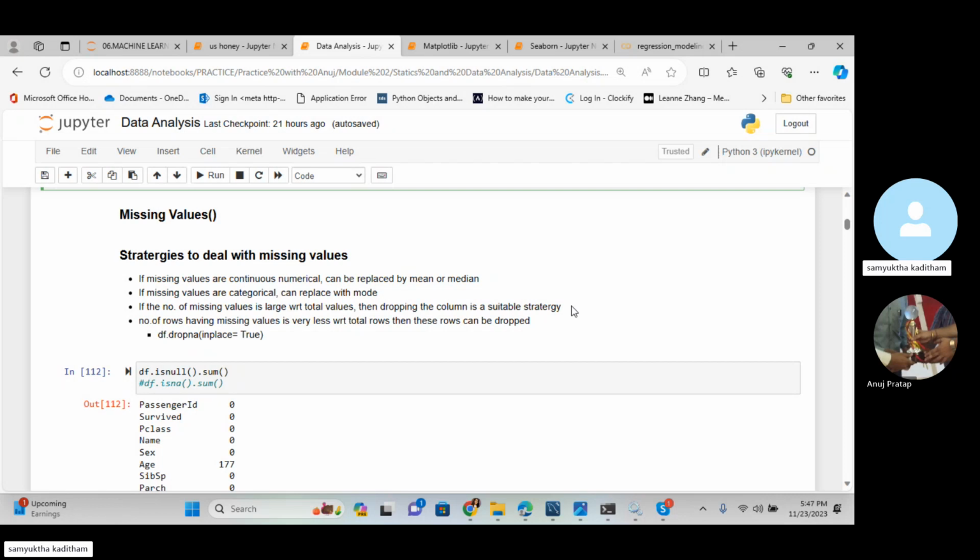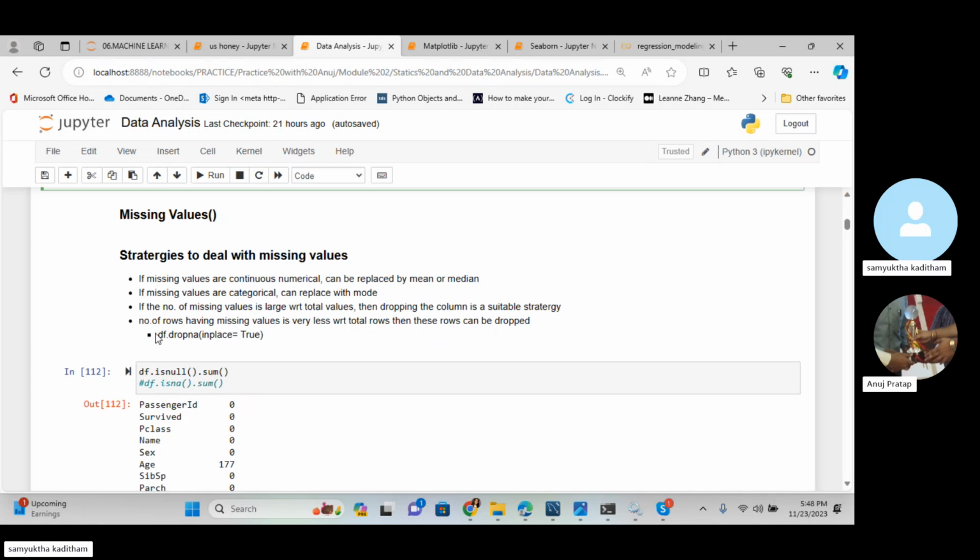If there is no need for that column and there are so many missing values, just dropping the column is better. Then if the number of rows having missing values is very small, we can drop 2 or 3. It's nothing to worry about.